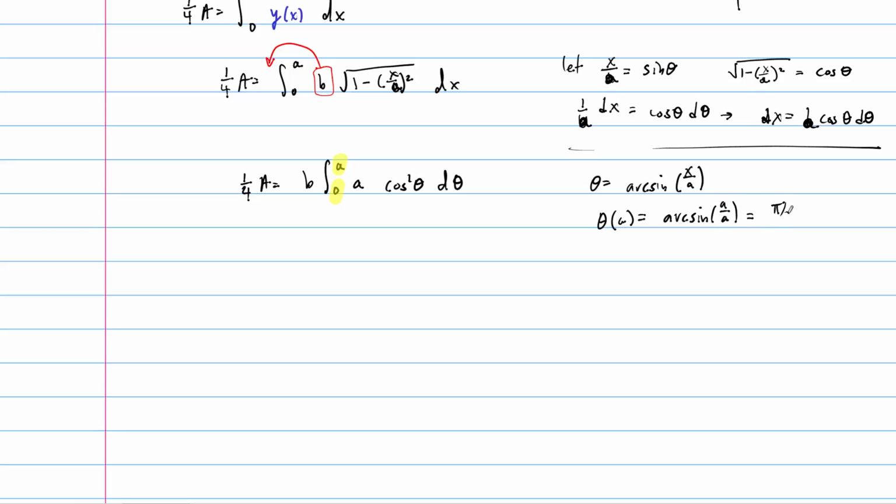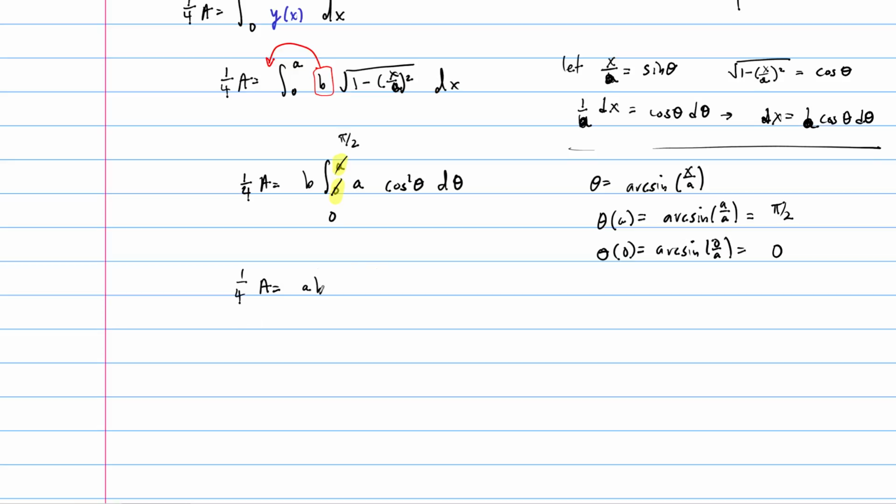Arc sine of 1 is pi over 2. Theta of 0 is going to be equal to the arc sine of 0 over a. When sine is 0, theta is 0. So the boundaries actually become 0 is fine, but this becomes pi over 2. And then we'll get a number for this. So let's keep computing. Now we're back on track.